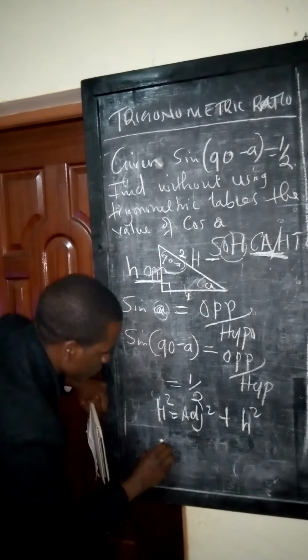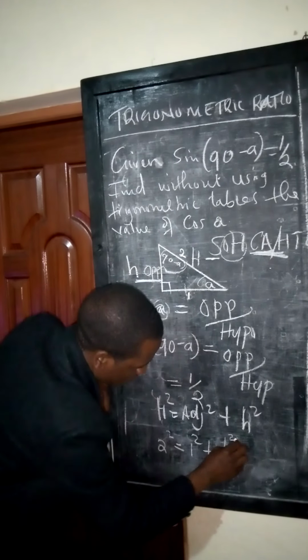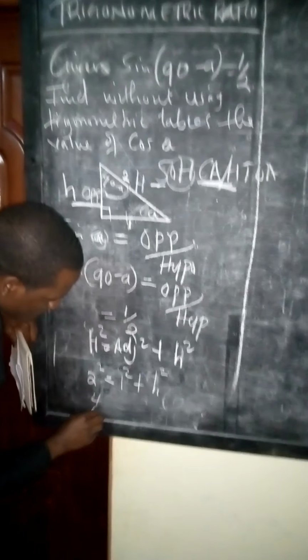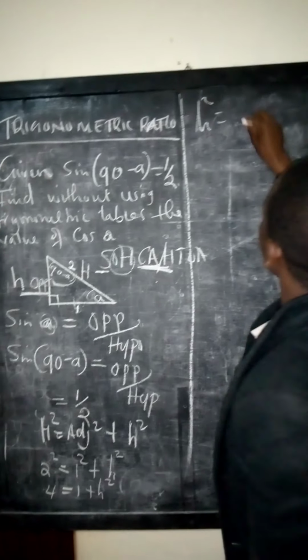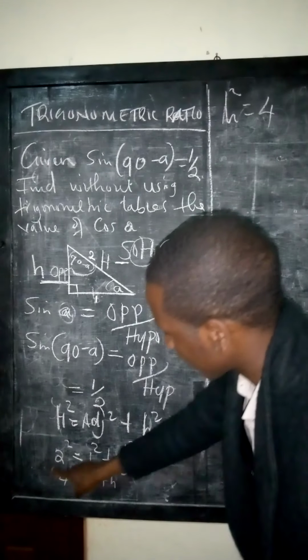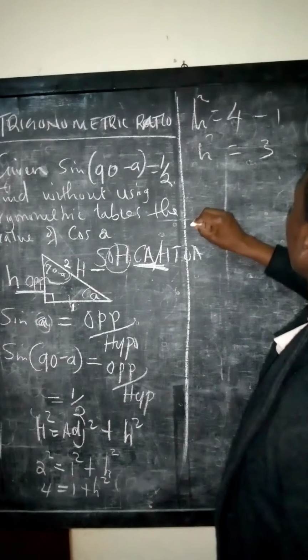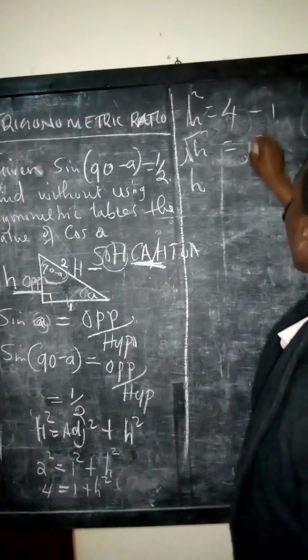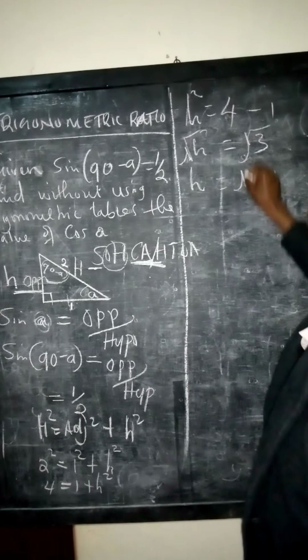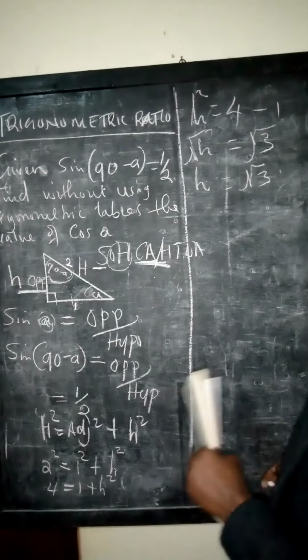In our case, 2 squared is equal to 1 squared plus height squared. This will give us 4 equals 1 plus height squared, so height squared is 4 minus 1, which is 3. We want our height, therefore we find the square root, and our height will be the square root of 3.